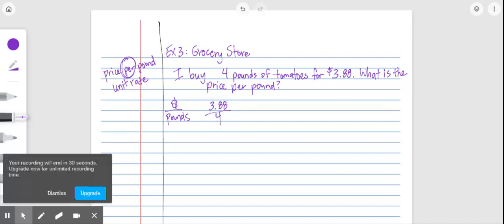Notice in the last 2 examples, I had it in the same order as the original question, but this one, because the question is asking price per pound, I switched the order. I want to make sure that I keep it in the same order as the question is asking. Okay. So then this is going to be division again. And I'm going to divide 388 divided by 4. Okay, and I can do this by hand or on a calculator, and I'll show by hand in the next video.